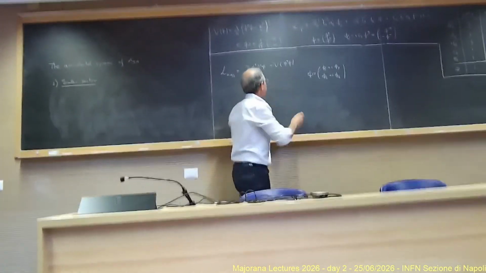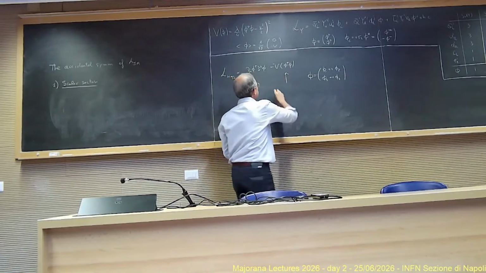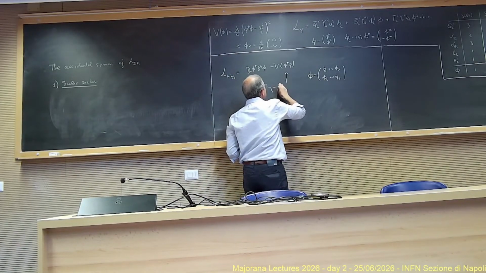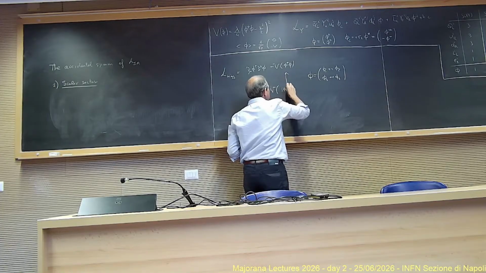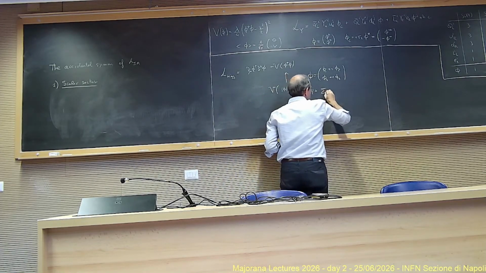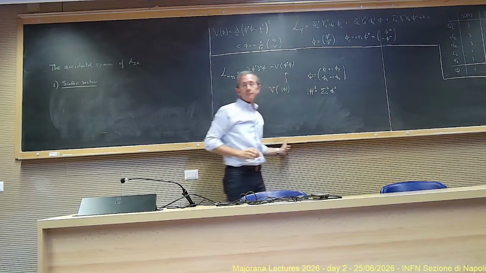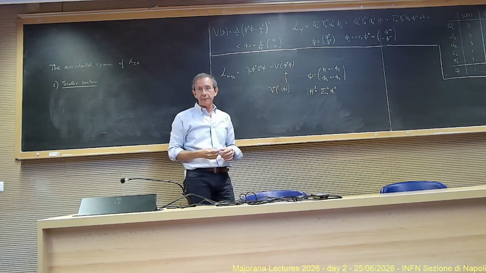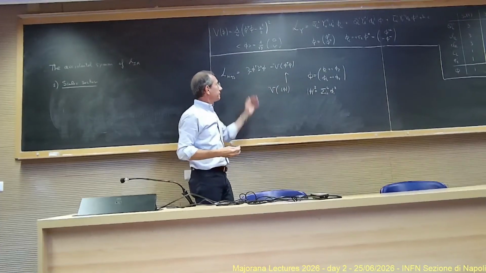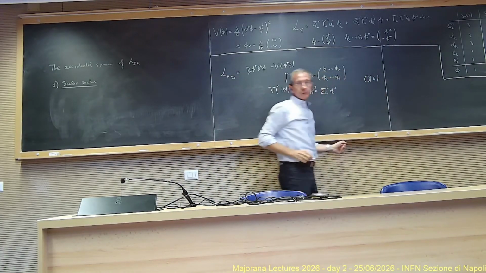And this potential, even depending on phi dagger phi, basically depends only on the modulus of phi, and the modulus of phi is just the sum of 4 terms squared. Well, so it's the radius, okay? Which means there is an O(4) symmetry on the potential.